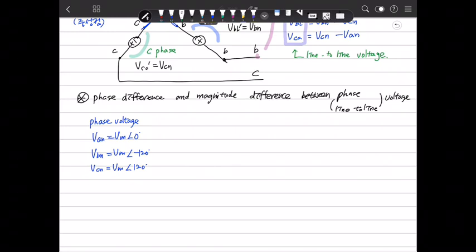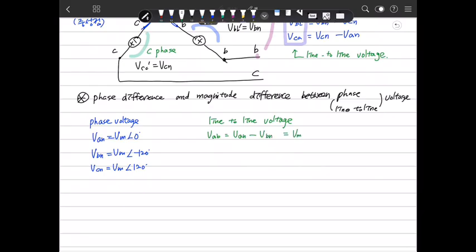Then line-to-line voltage VAB is VAN minus VBN.